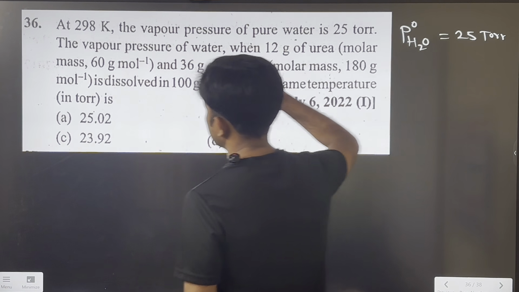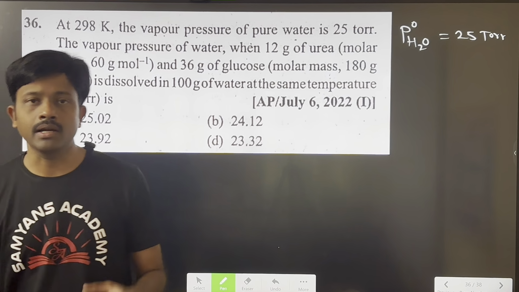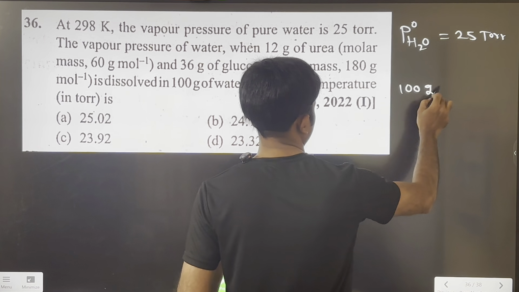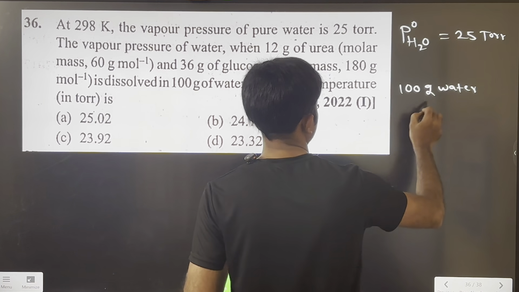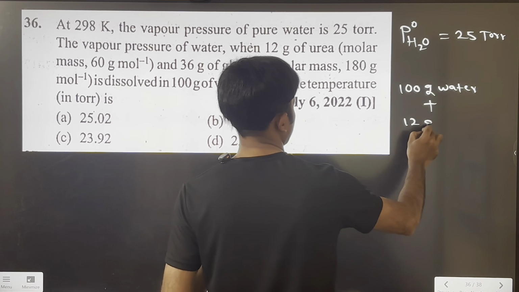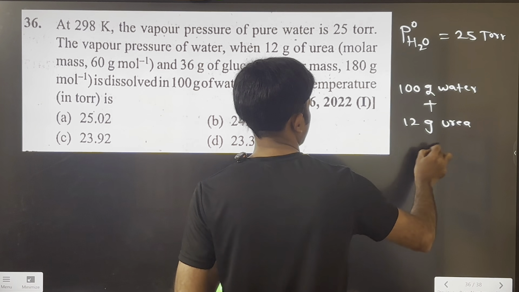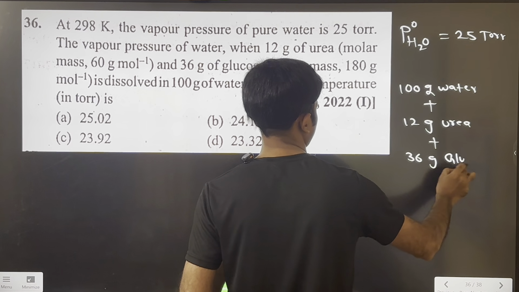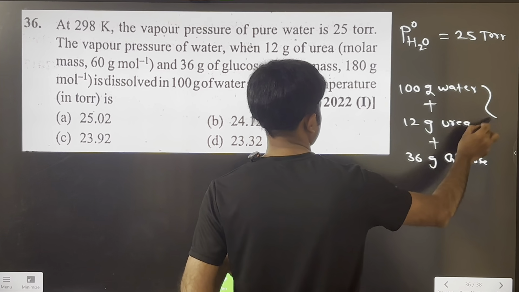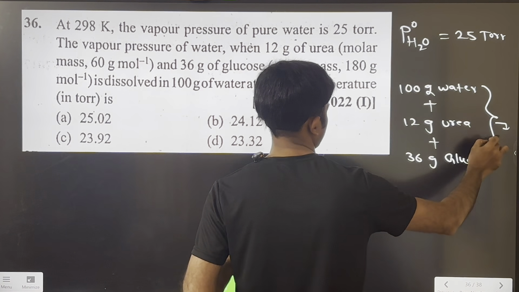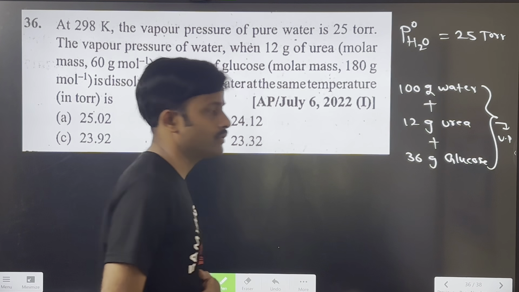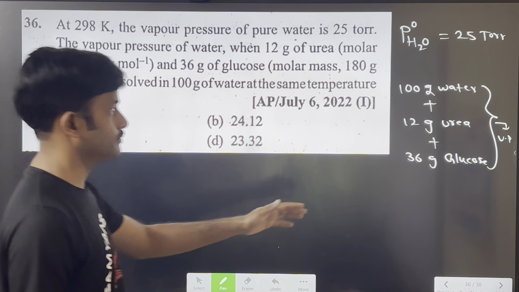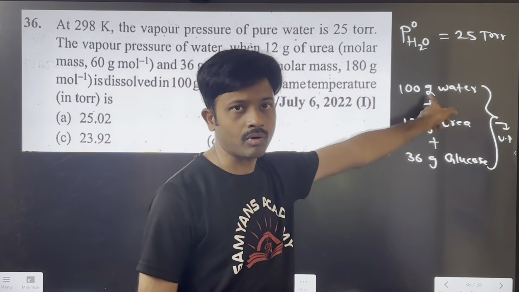They have taken 100 grams of water, and to this they are adding 12 grams of urea and 36 grams of glucose. Then this combination will give how much vapor pressure? This we need to find out, the vapor pressure of water in this combination.